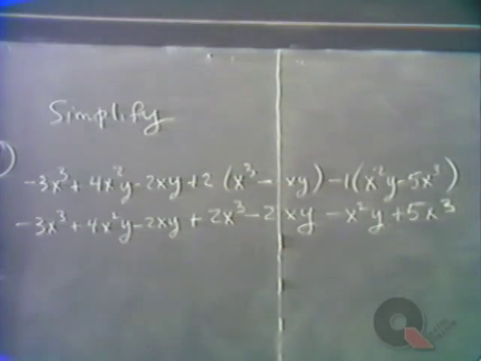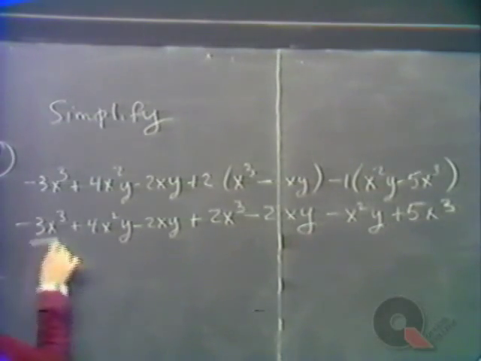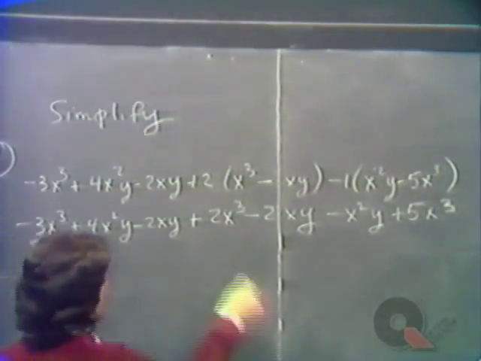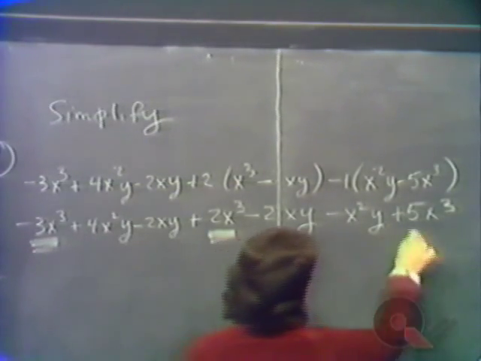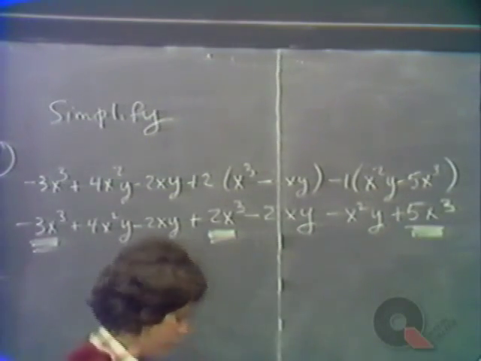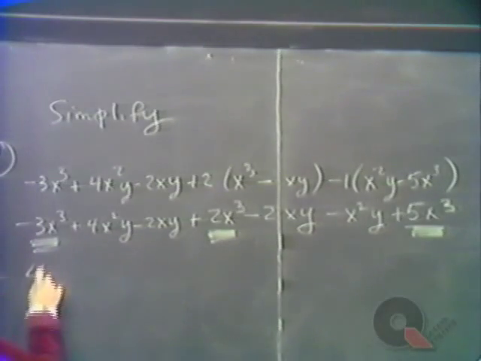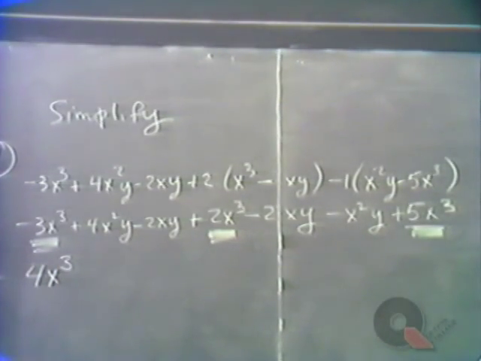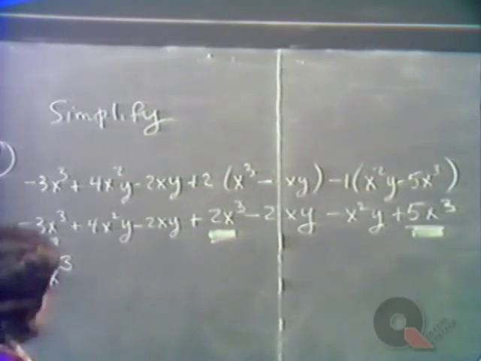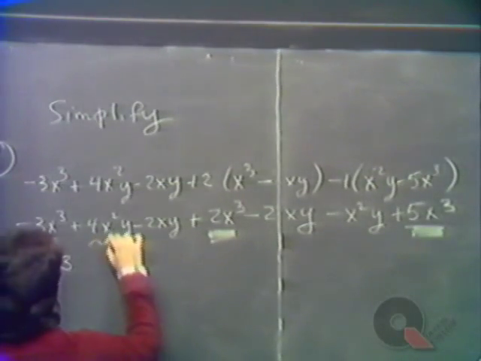Now we're going to collect like terms having exactly the same variable part. Okay, we notice that there are a few terms that involve x cubed. We have minus 3x cubed, we have plus 2x cubed, and a plus 5x cubed, for a total of 4x cubed. And we've taken care of the terms involving x cubed. All right, now let's look at the x squared y terms.